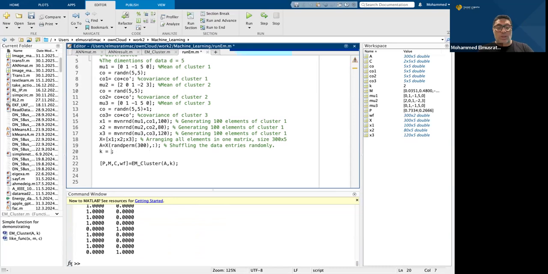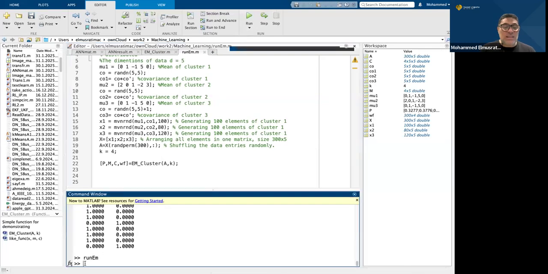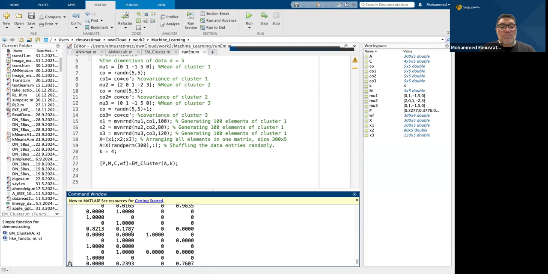But okay, let me check what happens if I cluster this into more than the number of real clusters. So if I put 4 clusters, the original one was 3 clusters. Now what happened when I put it to 4 clusters? After generating this, I want to see the probability of each element. So you can see here, for example, in this entry, it was 82% to cluster 1, 0.17% to cluster 2, and it has now reached 0 in cluster 3 and 0 in cluster 4.